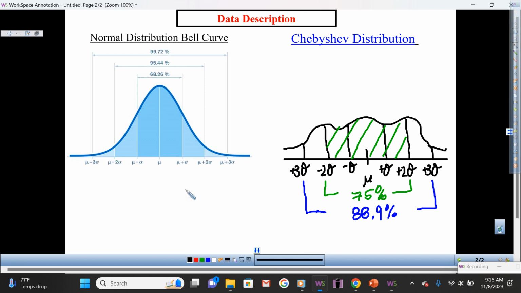He said, look up to the screen, that if you take this theorem, which is 1 minus 1 over k squared, and k has to be greater than 1, also k is the number of standard deviations.